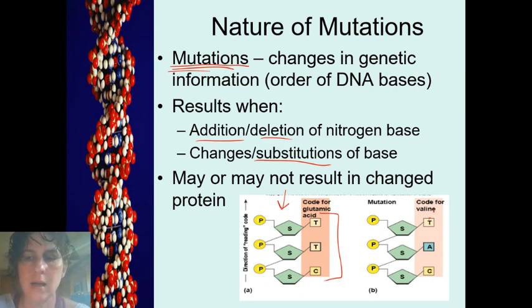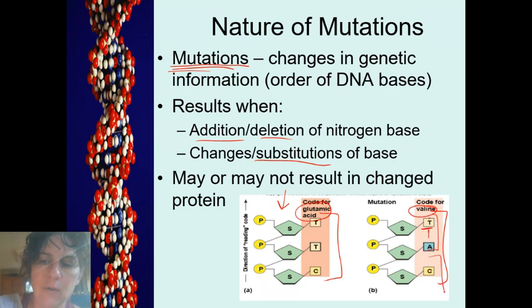These are really destructive because a substitution right here is going to code for one amino acid. Now I have a different amino acid, so where it was glutamic acid, now it's valine. That's a different amino acid, but every other amino acid in that chain is going to be correct. So you're changing one amino acid, we're not changing the entire protein. But if I have an addition right here, I've just changed my reading frame all the way down and it becomes much more destructive.